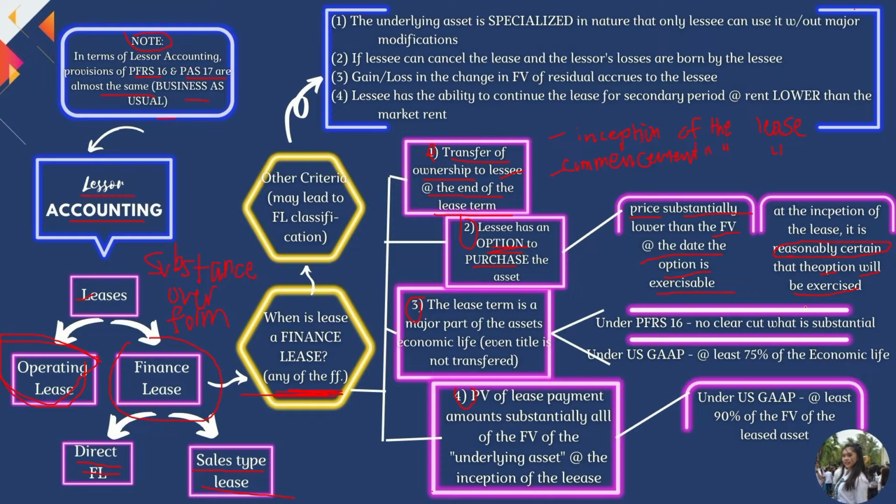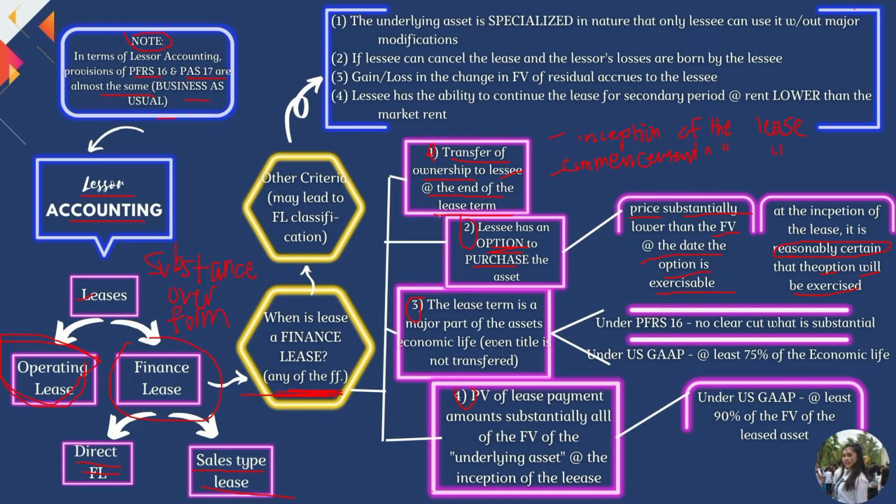Moving on, number 3, the lease term is a major part of the asset's economic life, even if title is not transferred. Because si number 1, na i-transfer of ownership, di ba?